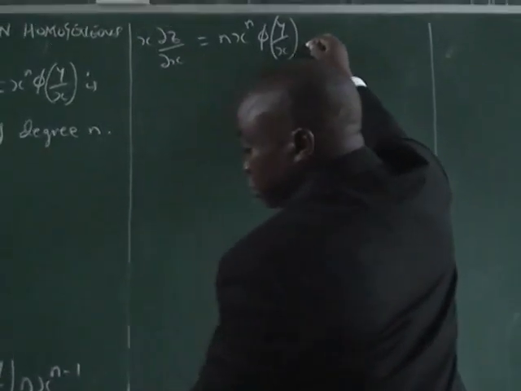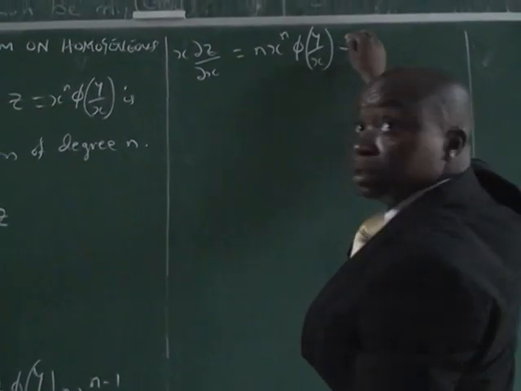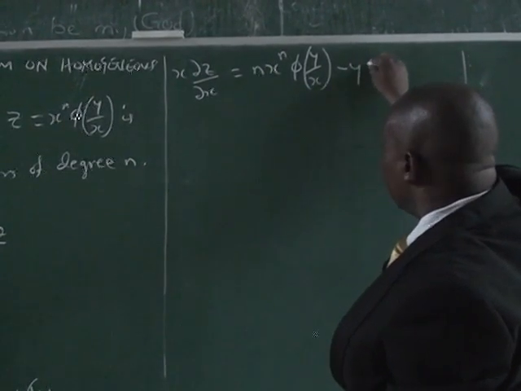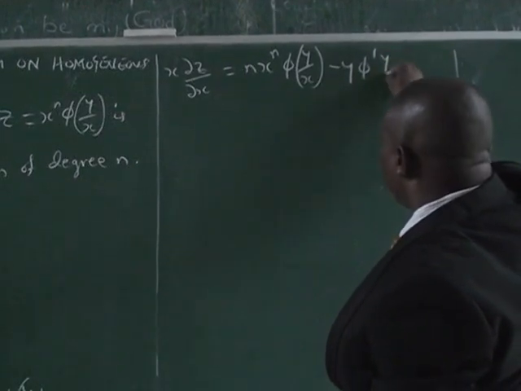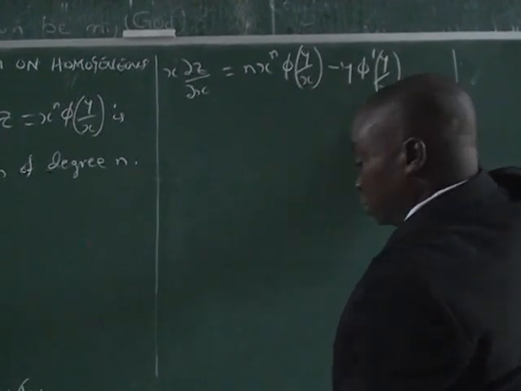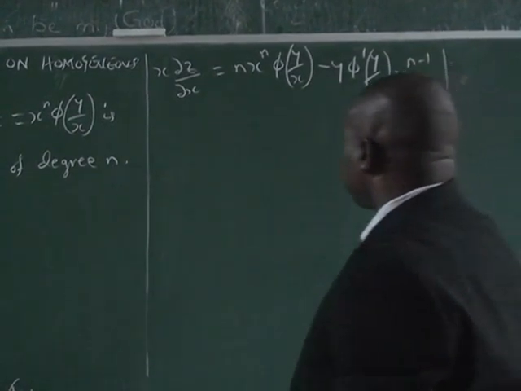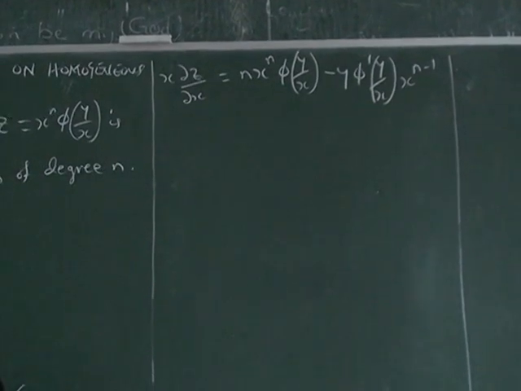Then x times this, minus y phi prime of y over x, then we'll have x raised to n minus 1. Yes, that is what I will have here.